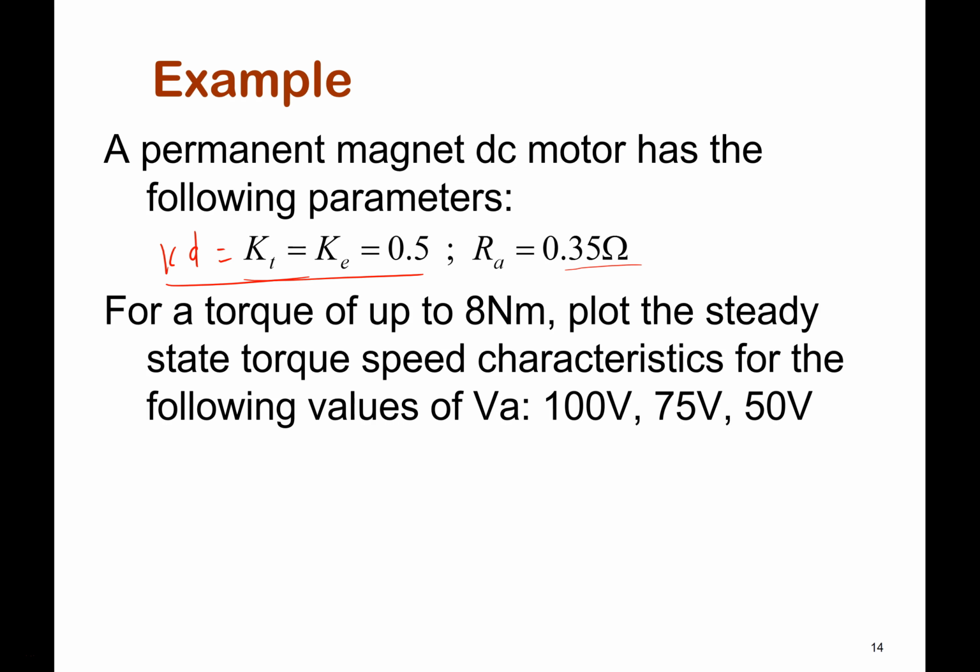So the only resistance we have in the circuit is Ra. And now we have, for a torque of up to 8 Newton meters, you're required to plot the steady state torque speed characteristics for the following values of Va: 100, 75, and 50. So of course we have now our circuit diagram.